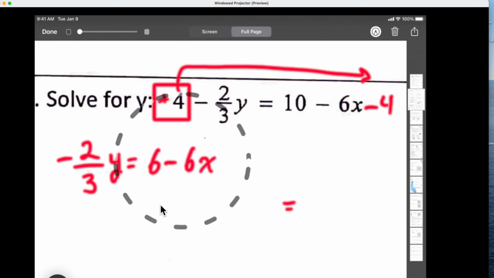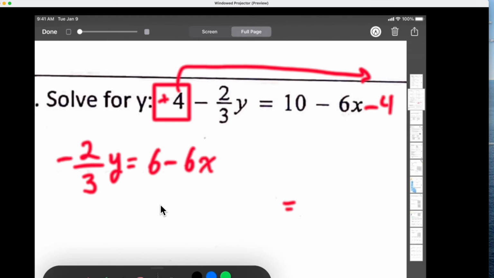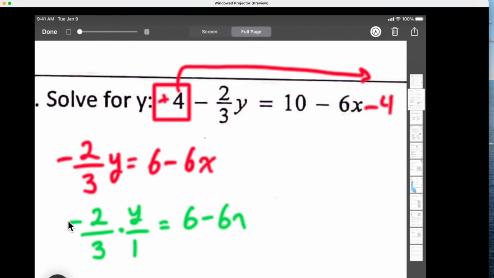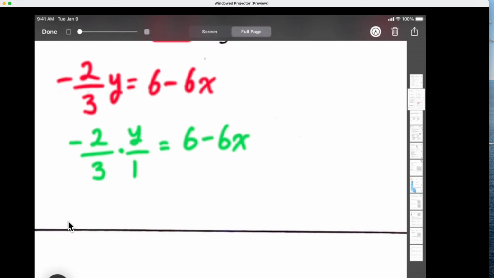All right. Now, folks, we're going to use the same trick that we used on the previous problem. I'm going to take this -2/3 times y, and I'm going to change this y to y over 1. Then I'm going to multiply straight across here.